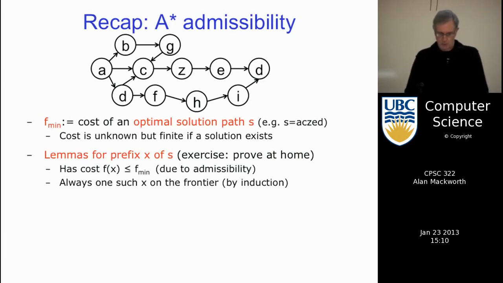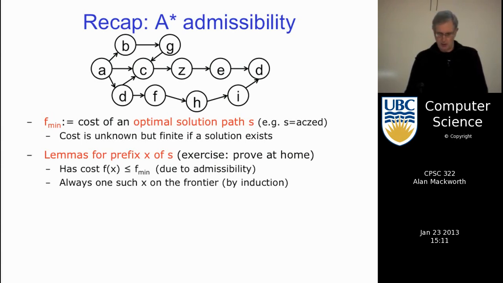And there's always one such x prefix on the frontier by induction. So what do we mean by that? We mean that initially, this is the only path on the frontier, the null path starting at the start node, right? And it has a cost, f of a will be less than or equal to f min. And every time you expand that, you will generate subsequent nodes, and at least one of those will be on the optimal path.